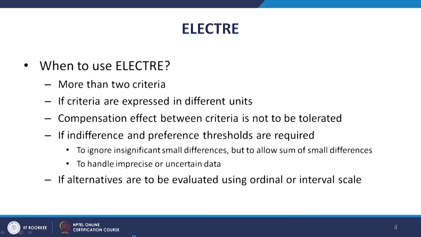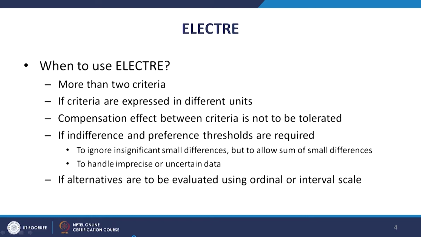Similarly, if the difference in performance of two alternatives is higher than a certain value, then we would like to make that a very clear preference. That is something which can be specified using a preference threshold.